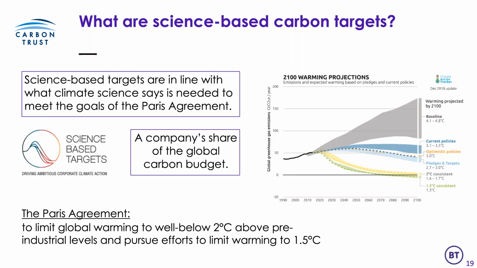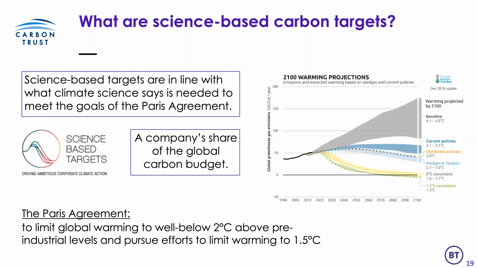And then just below that is the pledges that countries have already committed to and targets that have been set, which is bringing us still way above what's needed and only just below 3 degrees of warming. And then the yellow and green lines, which are going dramatically down towards zero, are what are needed for the Paris Agreement for the 2 degrees and 1.5 degree scenarios.